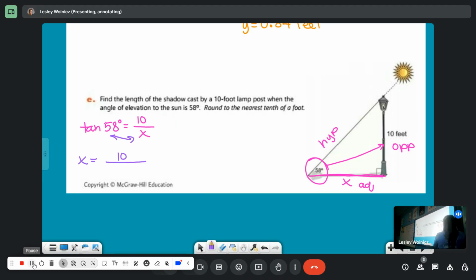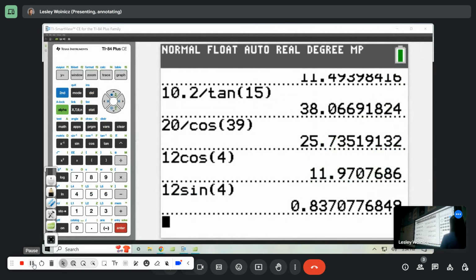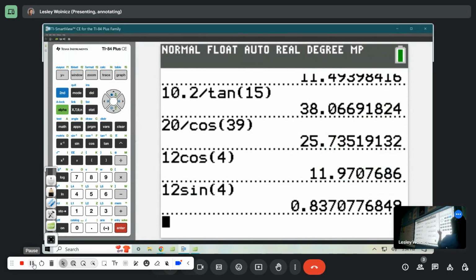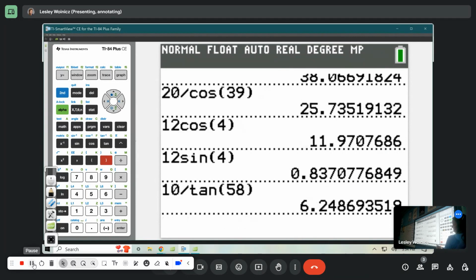All right, so I've got 10 divided by the tangent of 58 degrees. It was what? 10 divided by tangent of 58 degrees. 6.25. What are we rounding to? Does it say? Tenths?